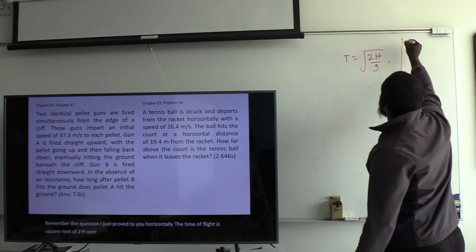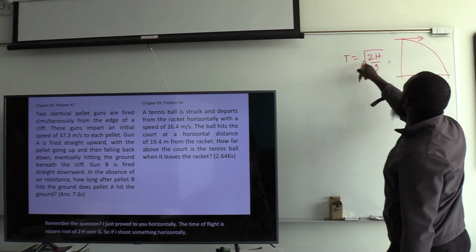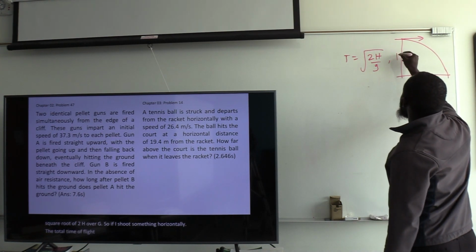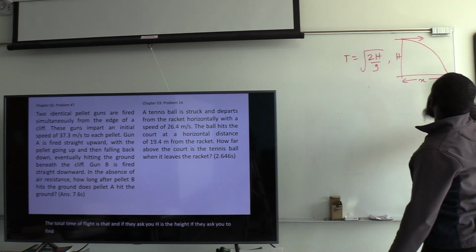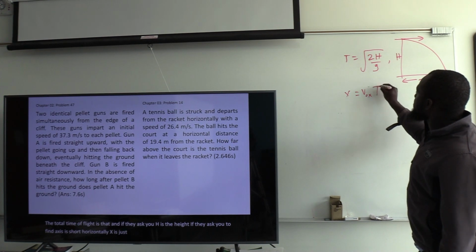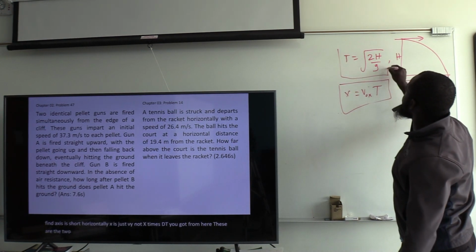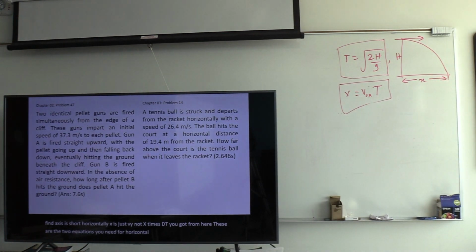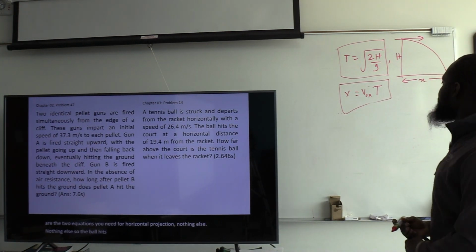So if I shoot something horizontally, the total time of flight is that. And if h is the height, and they ask you to find x, since it's shot horizontally, x is just v naught x times the t you got from here. These are the two equations you need for horizontal projection. Nothing else.